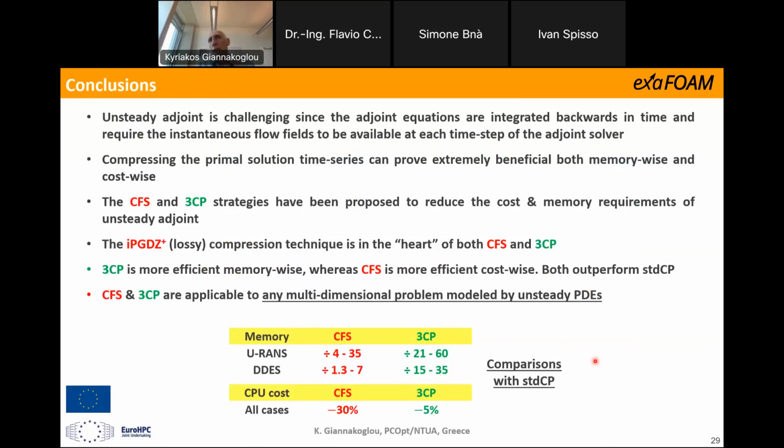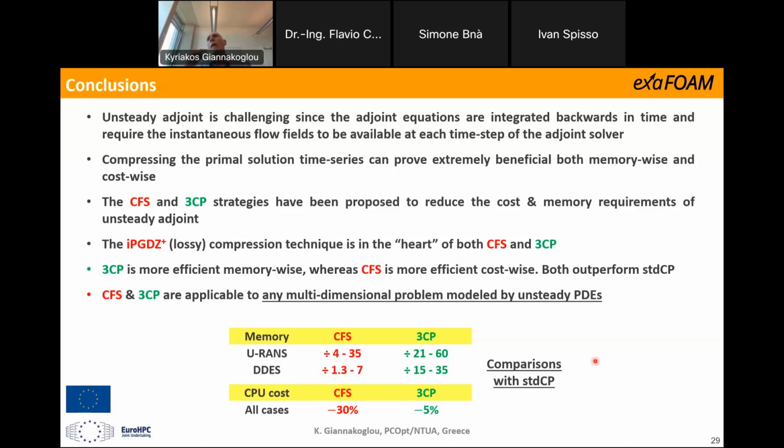The idea is to compress the primal solution time series, and this is extremely beneficial, both memory-wise and cost-wise, or to be even more realistic, sometimes this is the only solution if you need to solve a large-scale problem on existing hardware. We presented 2 techniques, CFS and 3CP.